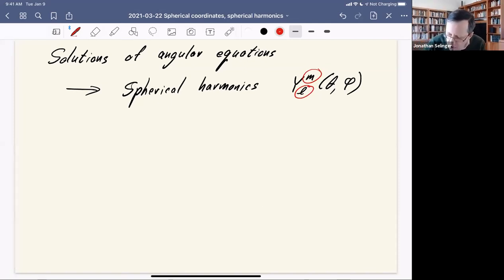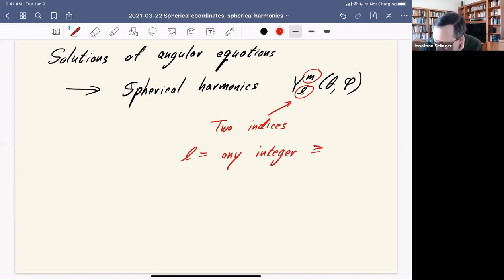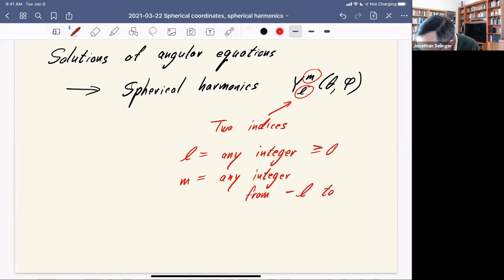The rule for these two indices is that L is any integer greater than or equal to 0, and M is any integer from negative L to L.